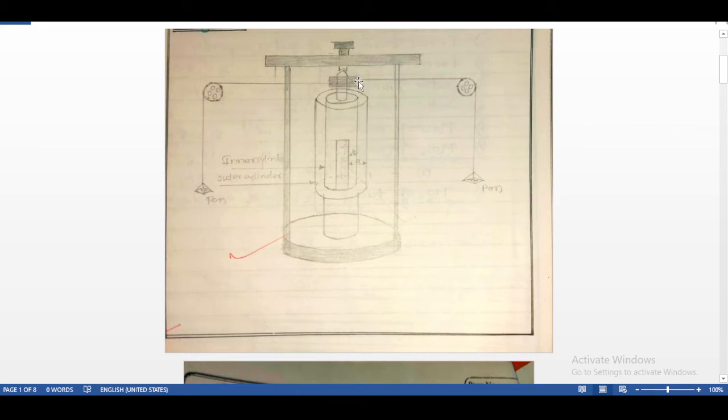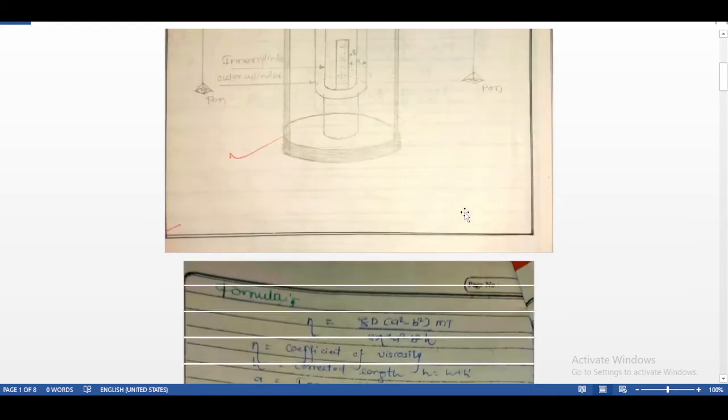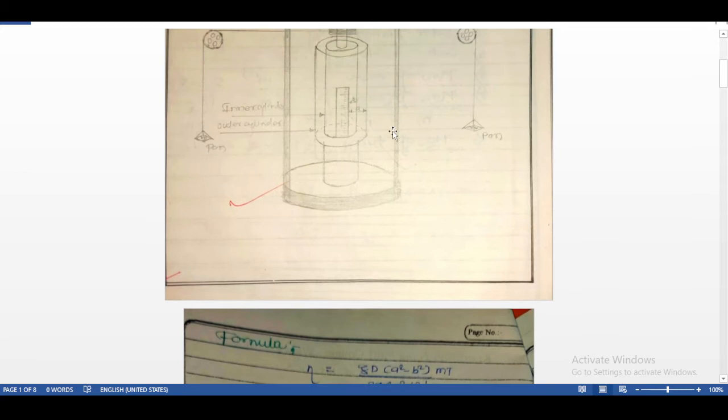Here we have to measure turns while we change the height, using an equal number of turns. When we start the stopwatch, the pivot starts rotating and the winding thread loosens, and we have to measure this time for loosening the thread.